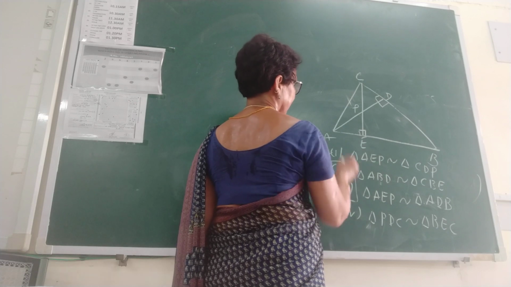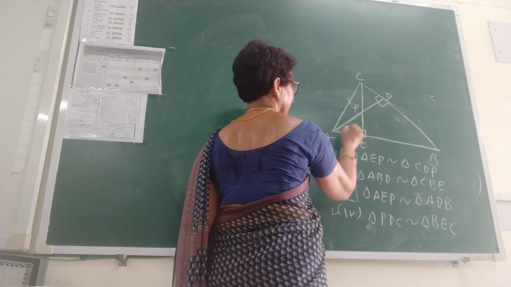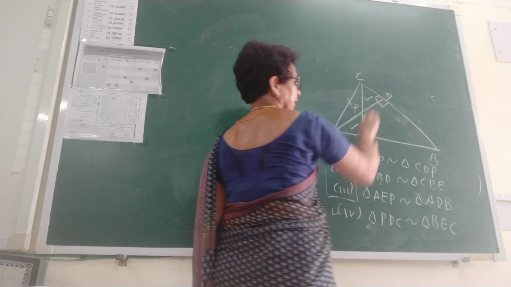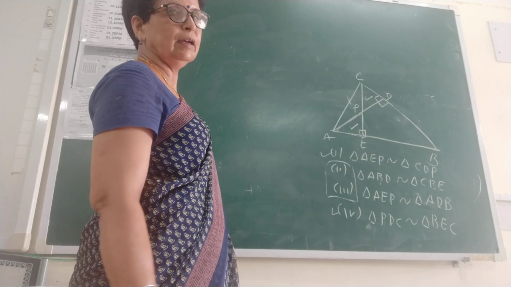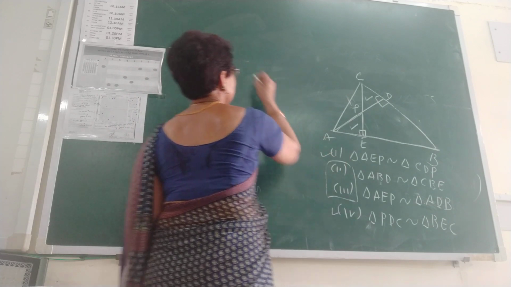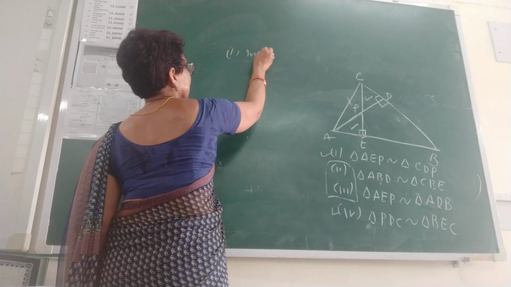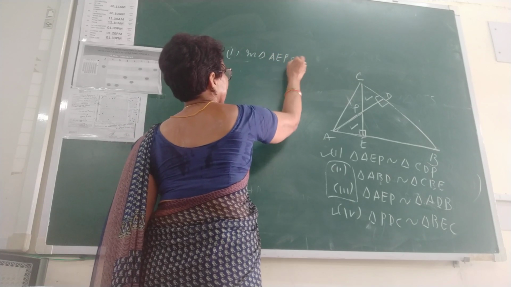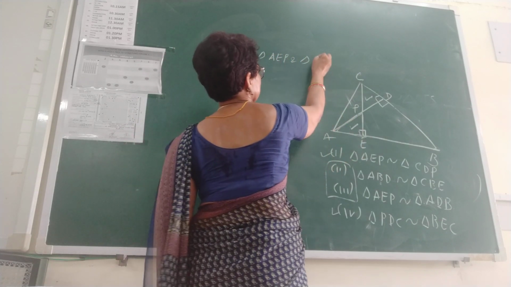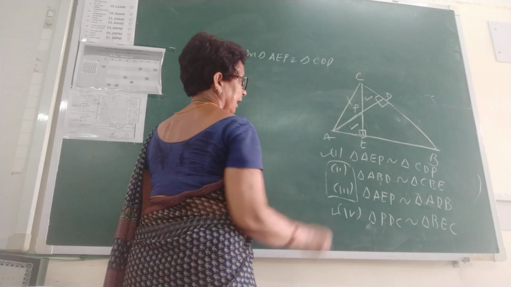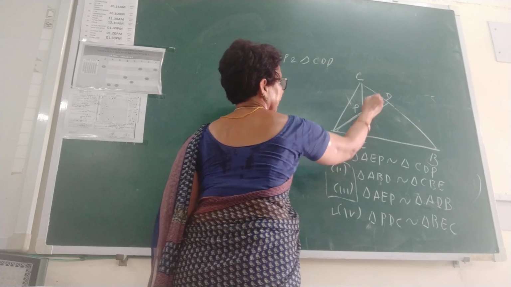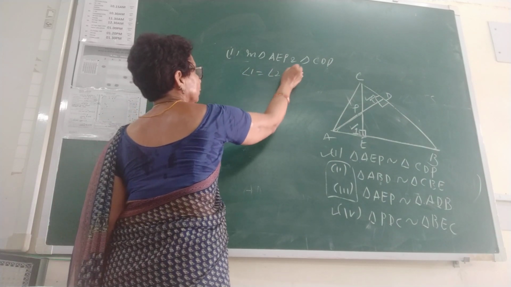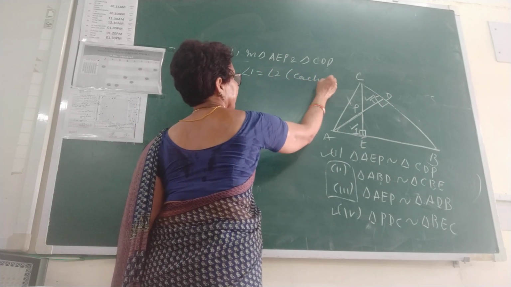Triangle AEP, this triangle, and CDP, this triangle. We have to prove that these two are similar. So in the first part, in triangle AEP and triangle CDP, angle 1 equals angle 2, each 90 degrees.